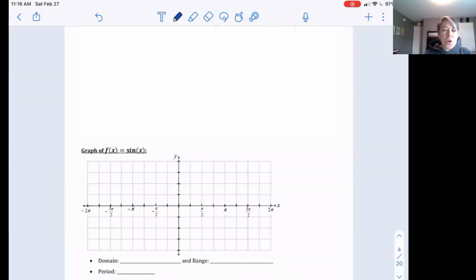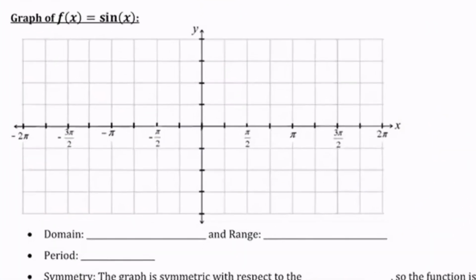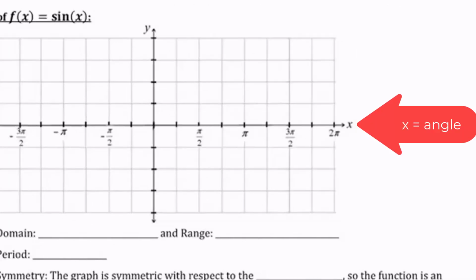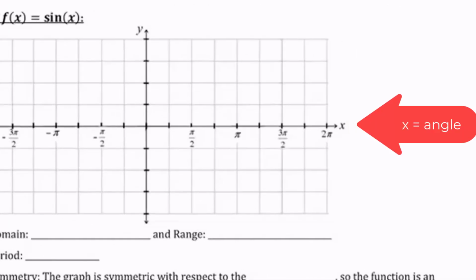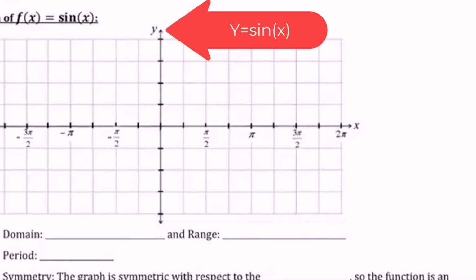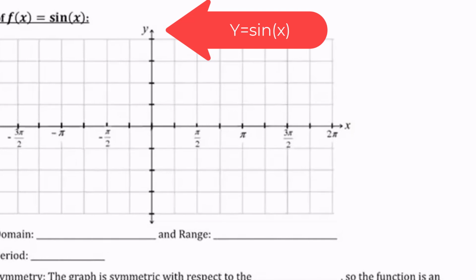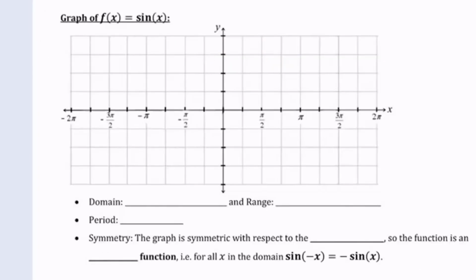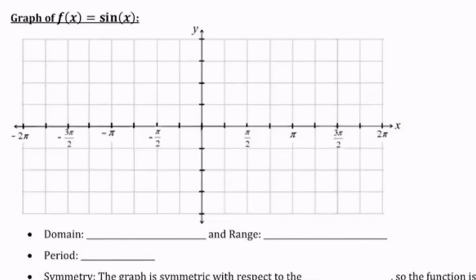So let's graph sine of x. Instead of working with a unit circle, we're going to work with x and y coordinates, as if the x value is your input or angle, and y is the output value of your trig function. As we go from 0 to pi over 2, and again, we're looking at just the sine right now, the y value goes from 0 up to 1.